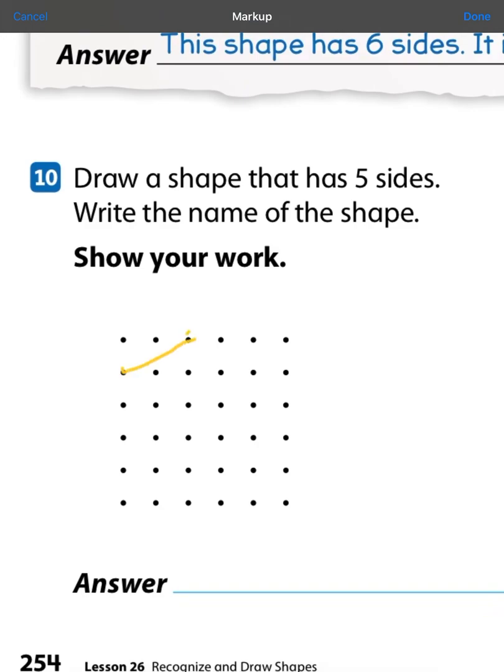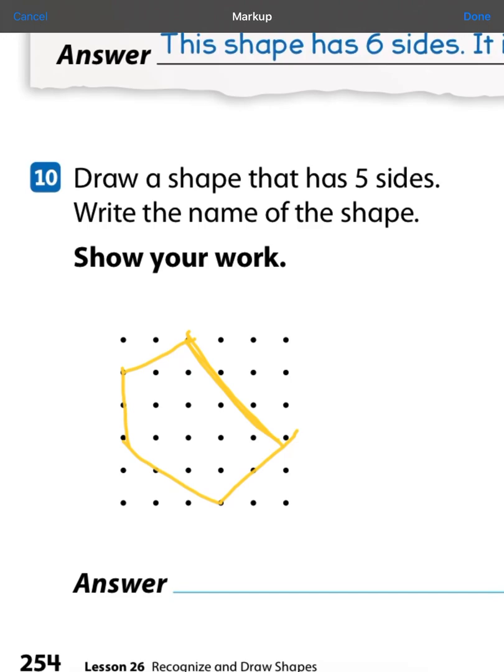There's one side. 2. It's kind of hard to do on this iPad. 3. 4. 5. So my shape has 5 sides. What is a shape with 5 sides called?